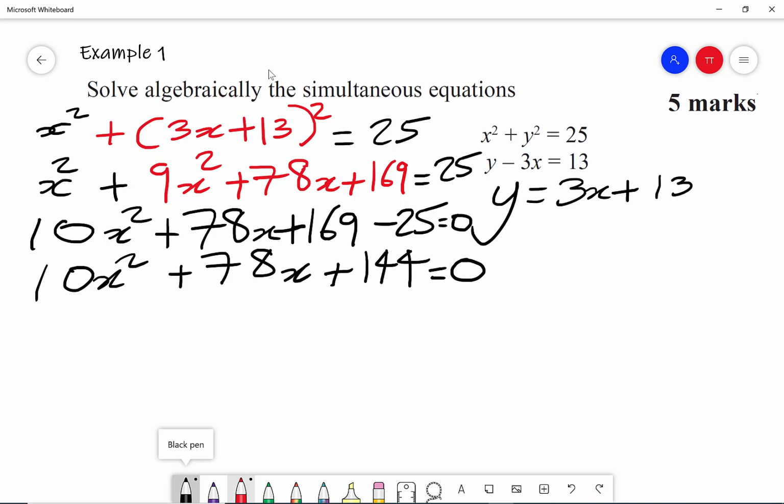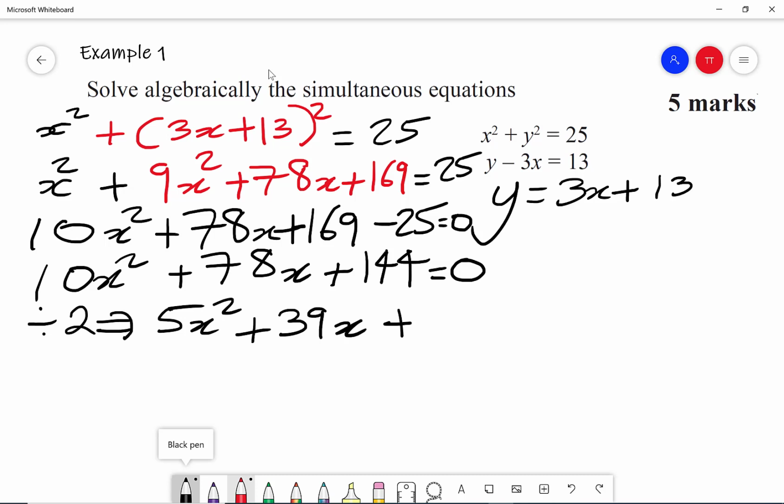Now what I'm going to do is divide everything by 2. So we're dividing everything by 2. I will get 5x squared plus 39x plus half that will give me 72 equals 0.